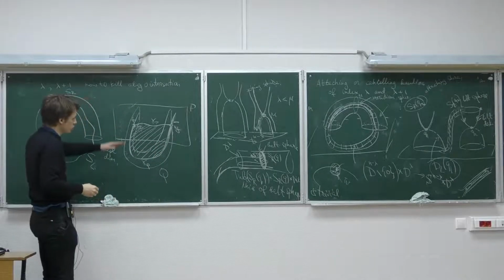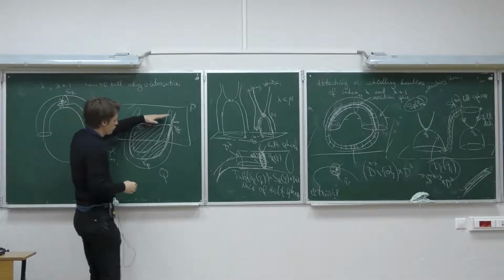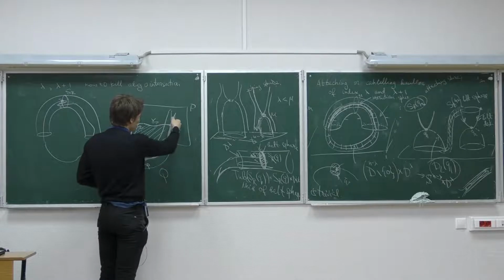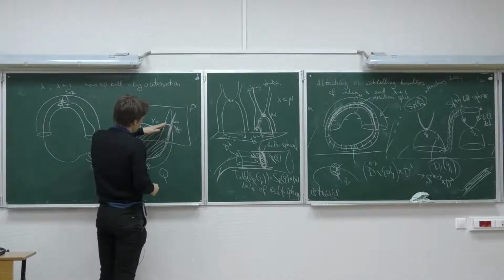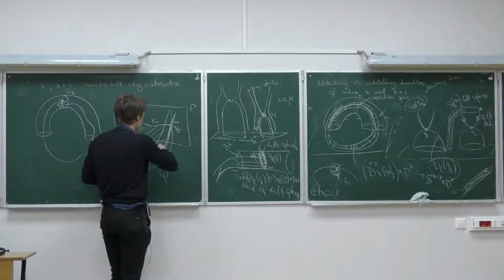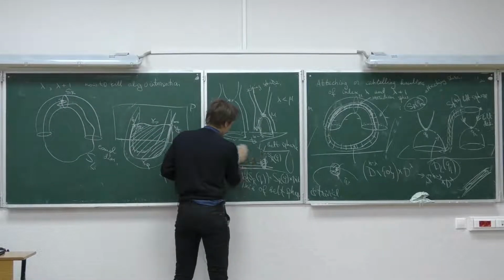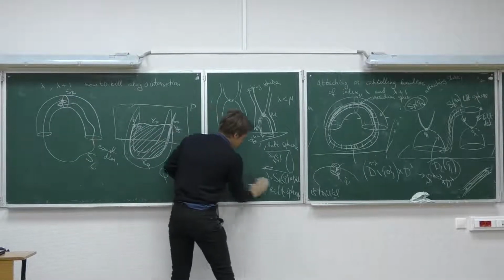So what you want to do is to move your variety P out along your intersection.